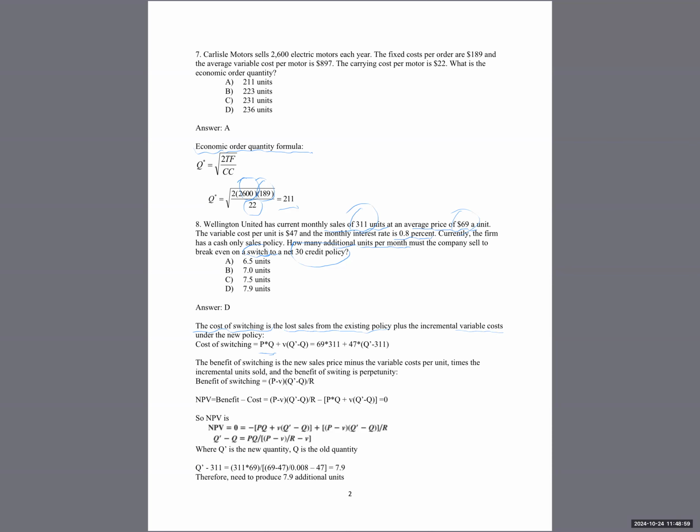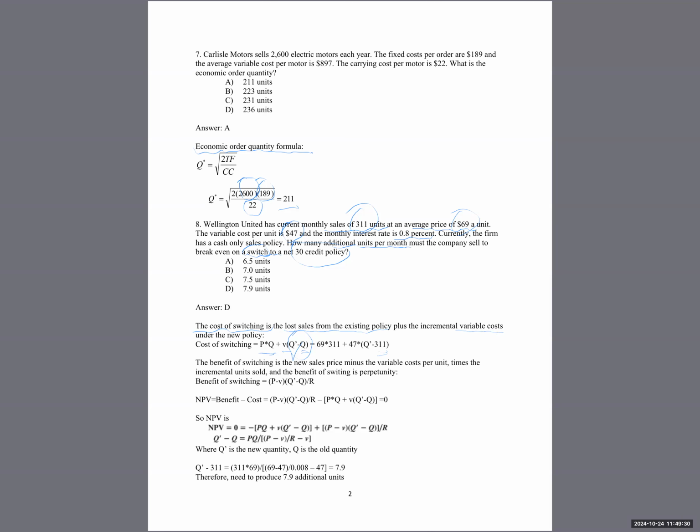And then add the incremental variable cost. The variable cost is $47 per unit, times the difference between the new sales and the old sales. The new sales is what we are looking for, and the current sales Q is 311. So this is the cost of switching.